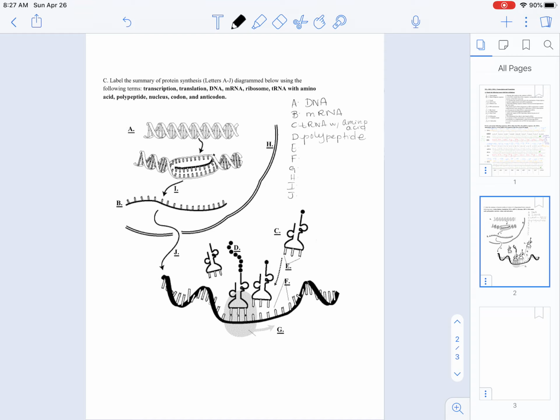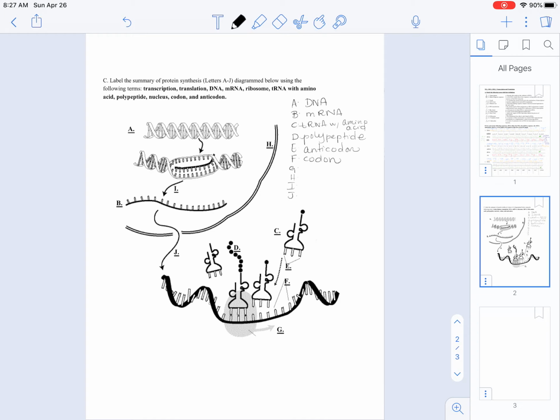Letter E is representing the anticodon, because observe that the anticodon is part of the tRNA. F is representing the codon, because we're looking at a 3-letter code in the mRNA.